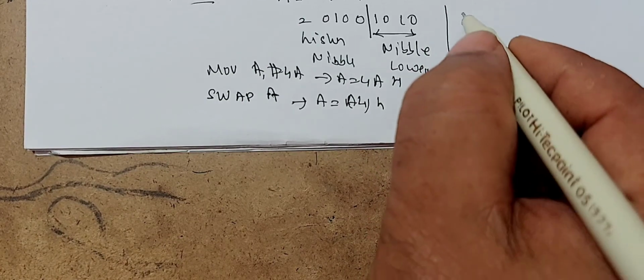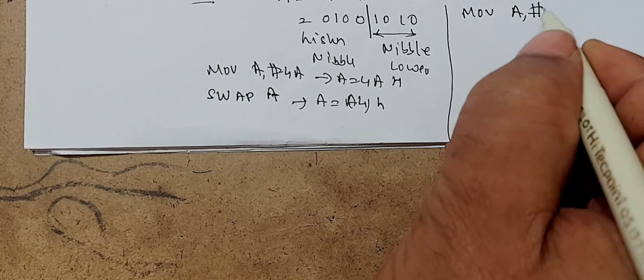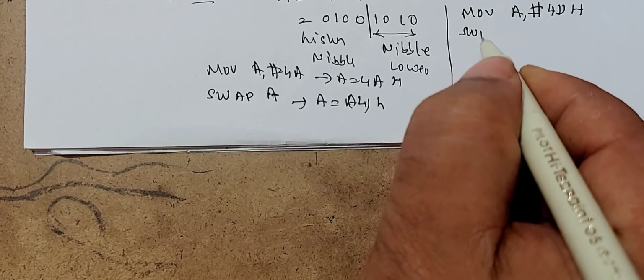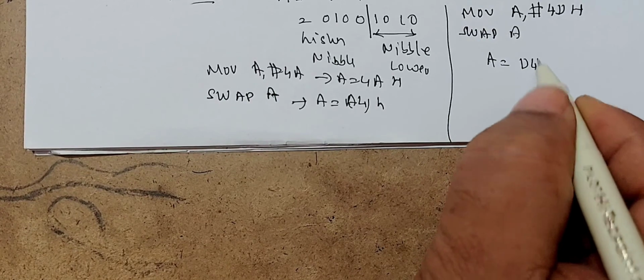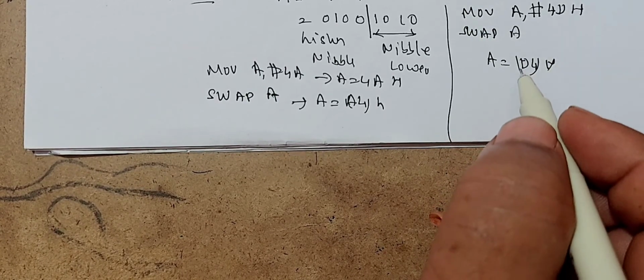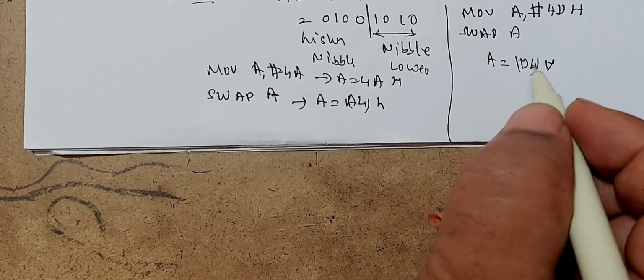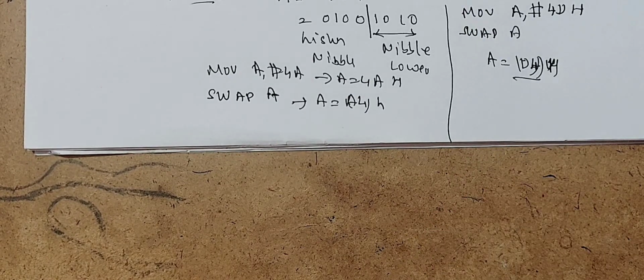Another example, MOV A, #4DH. SWAP A means now A becomes D4H. D, the lower nibble, goes to the upper nibble, and 4, the higher nibble, goes to the lower nibble. Therefore, D4 is the content present in A. In this way, you use swap operations.